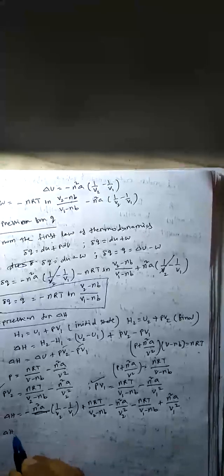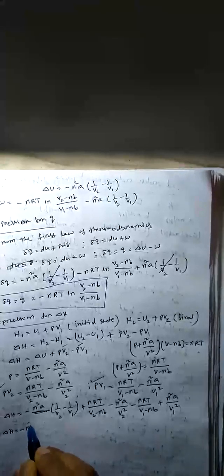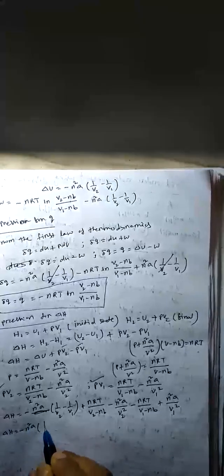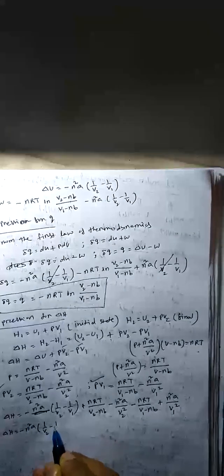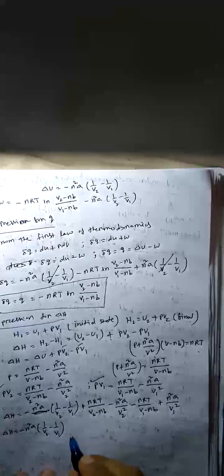Then minus PV1, minus nRT by V1 minus nb. Then minus, here minus plus, minus n square a plus n square a by V1 square. Then your delta H is equal to minus n square a times 1 by V2 minus 1 by V1.